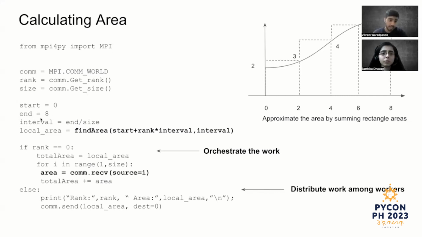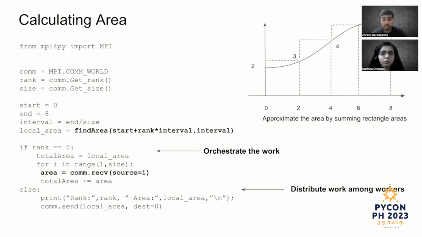So the interval size is basically 2. To find the area, you need the start point on the function, that is, which rectangle to consider. And then you also need the width of the rectangle, which is the interval itself. Each of the processes would have its own local area. By local area, I mean process 0 will have this rectangle, process 1 will have this rectangle, and so on.